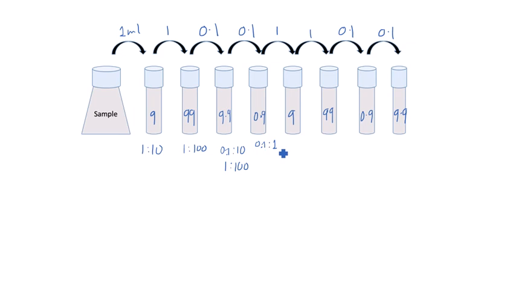So 0.1 in 1 ml is 1 in 10 by removing the decimal. Then 1 in 10 again, and then 1 in 100, 0.1 in 1 ml total, that is 1 in 10, and then 0.1 in 10, which is 1 in 100.